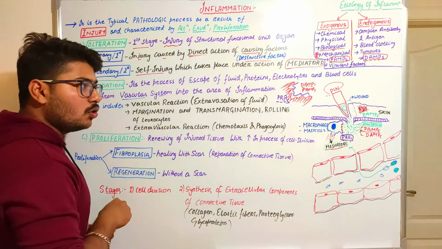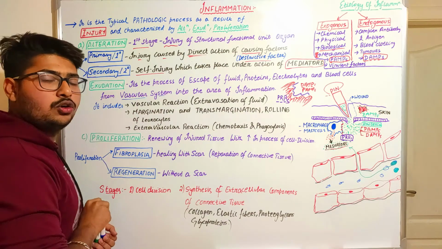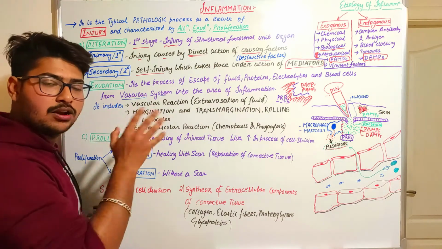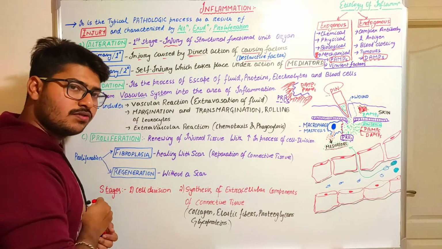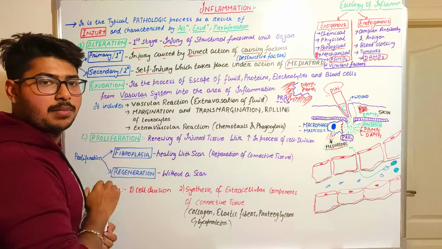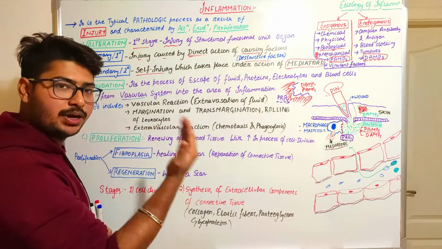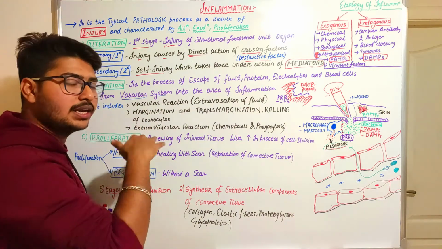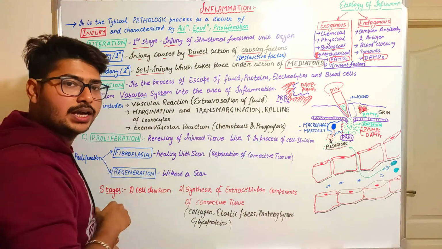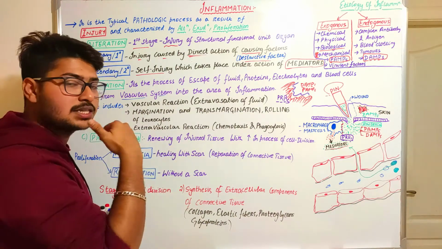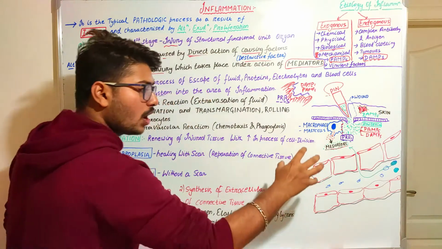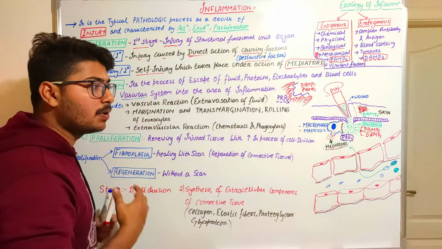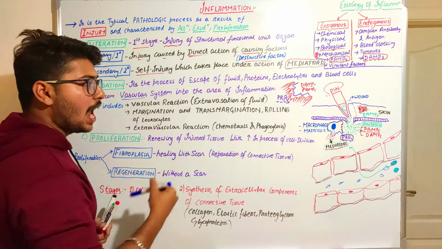As we know, the leukocytes are divided into granulocytes and agranulocytes. Under the granulocytes there are neutrophils, eosinophils, basophils and mast cells. Basophils can be termed as mast cells, and the agranulocytes consist of lymphocytes and monocytes.